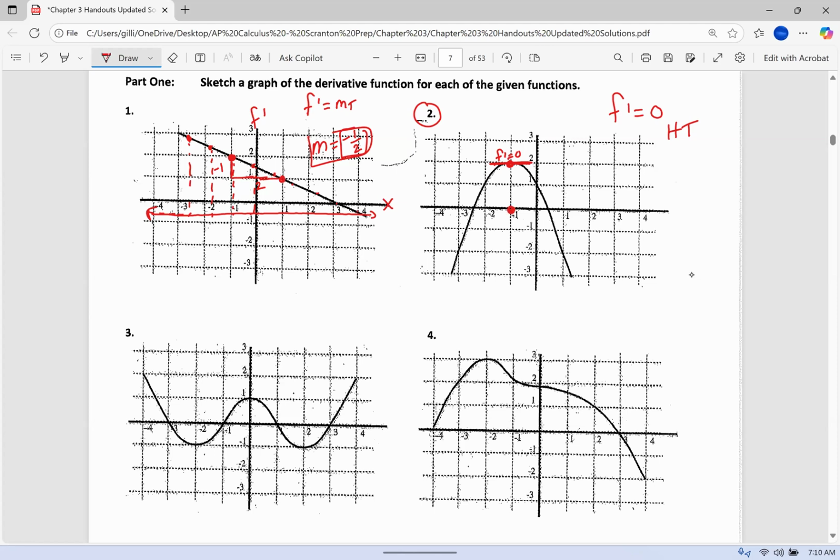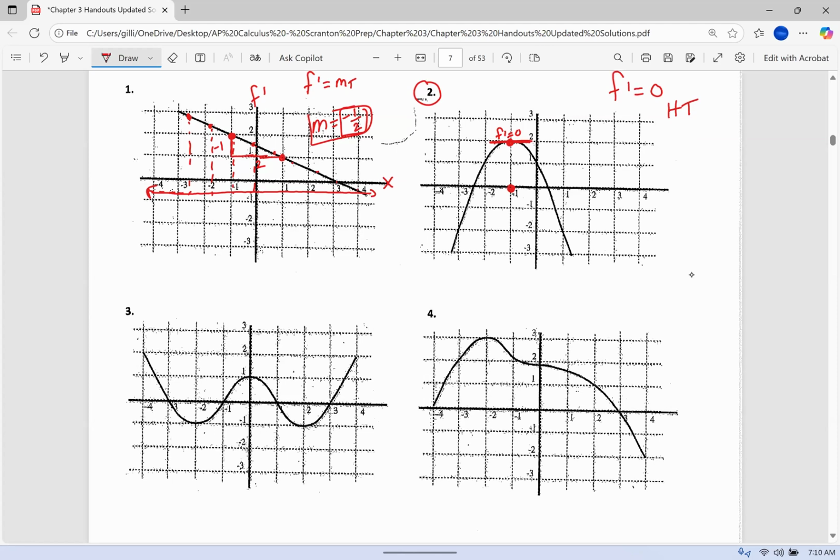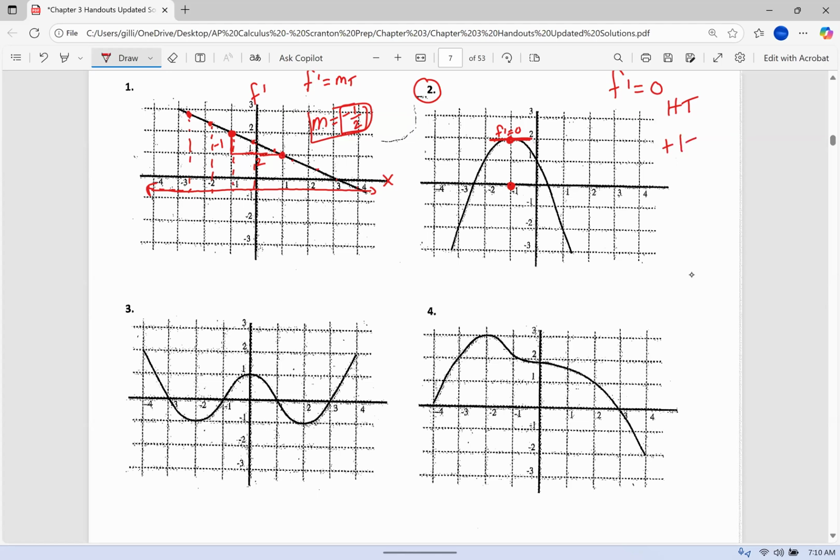Now to graph the other slopes, I need to know two things. I need to know whether the slope is positive or negative, and whether it gets more positive or less positive, or if it's negative, less negative or more negative. And remember now, this is x versus f prime.